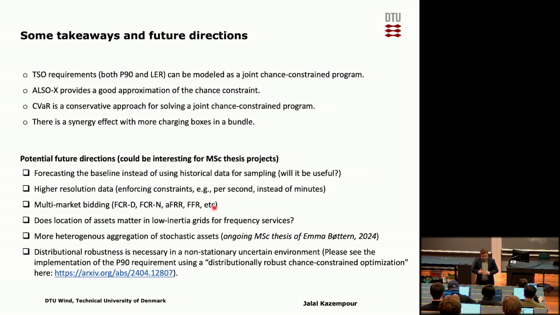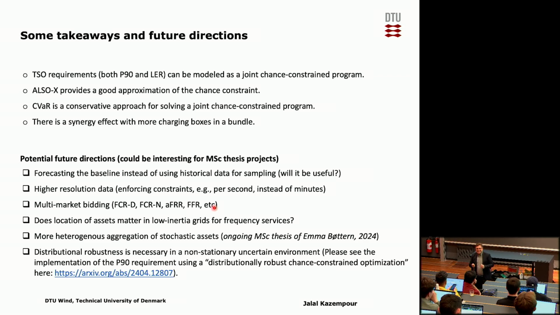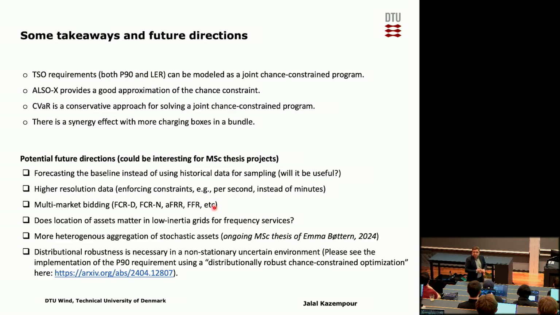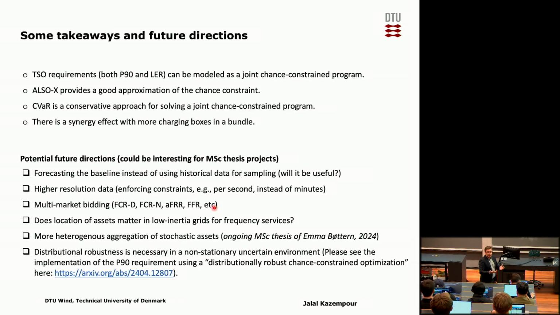And here, intentionally, we picked FCRD because it's an easier problem, because it's not energy intensive. When FCRD is being activated, the EV owner will not really notice it because it will be activated for a few seconds. But if we use EV flexibility for, for example, aFRR or especially mFRR, then they are energy intensive services.